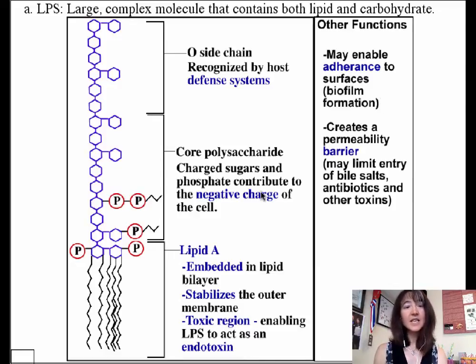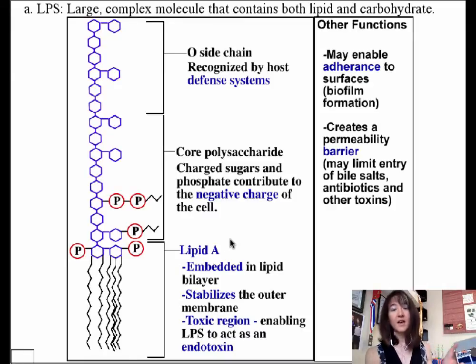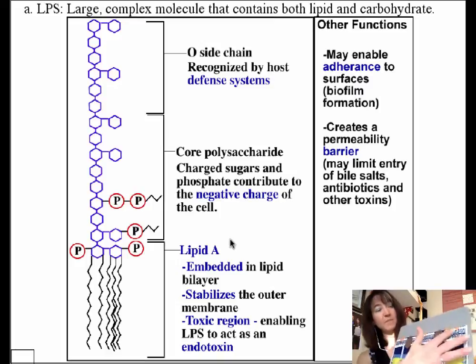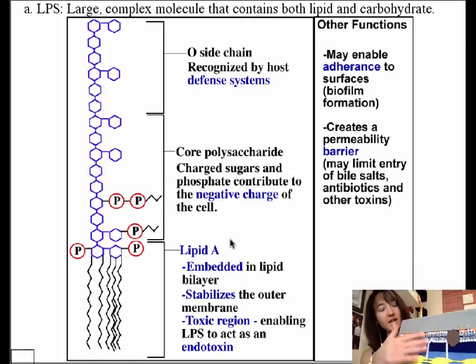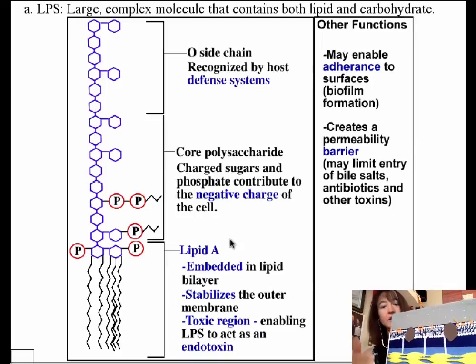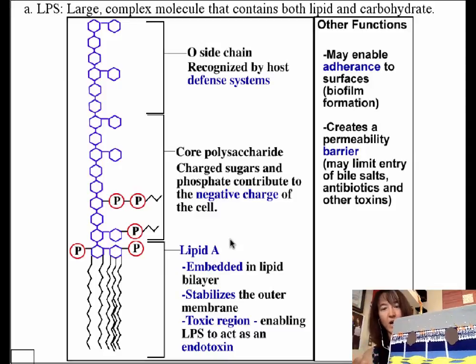So this LPS molecule in the outer leaflet of the outer membrane very much creates a permeability barrier. So we mentioned this, that things like antibiotics can't get through the outer membrane very well, partly due to the LPS layer. Other things like bile salts, other toxins, hydrophobic toxins, can't get in very well.